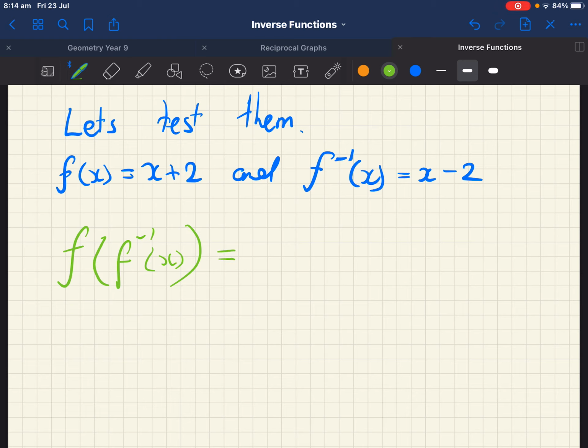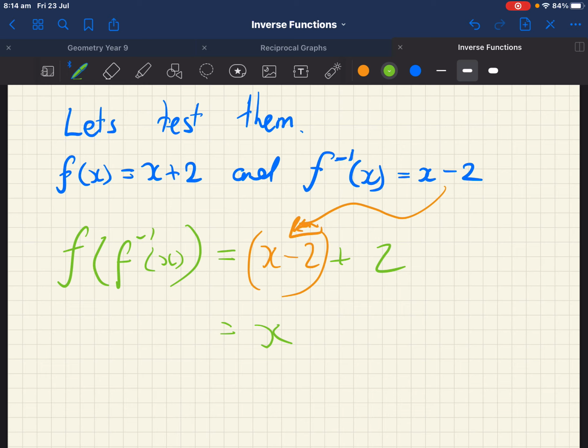Well, let's check it out. f of x is x plus 2, but for f of f inverse x, we have to replace this x with f inverse of x. And when we do that, here we see we just end up with x. They ended up undoing each other.